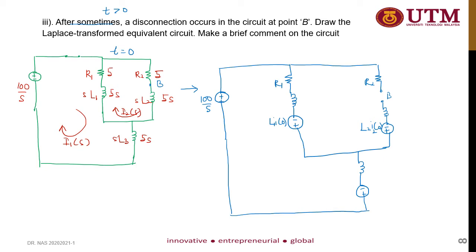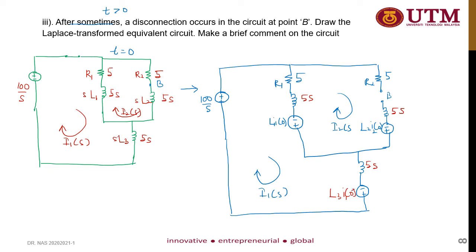Okay, and here is I1(s), here is I2(s). So our value is 5 and 5. And how about the L I naught? Here it is still L1 S, so it's 5S. Same goes to this point, it is 5S, and here as well. So here is L3 I naught, which only depends on I1.